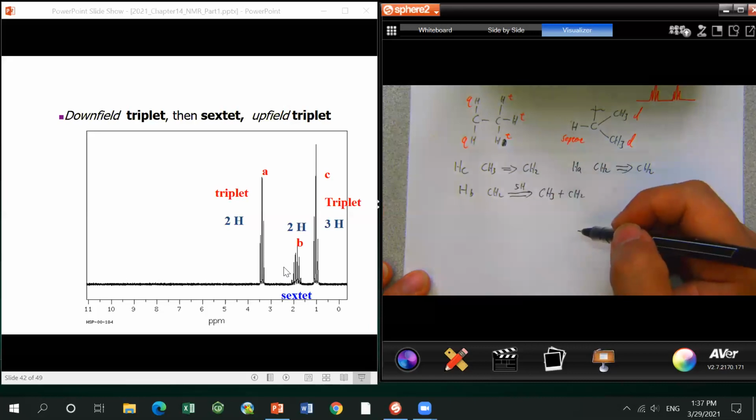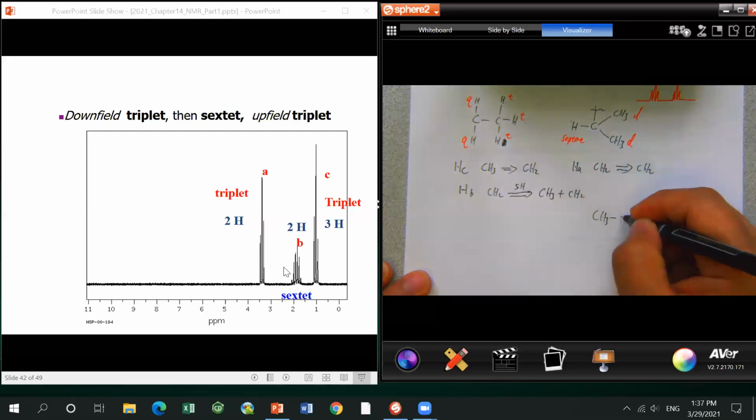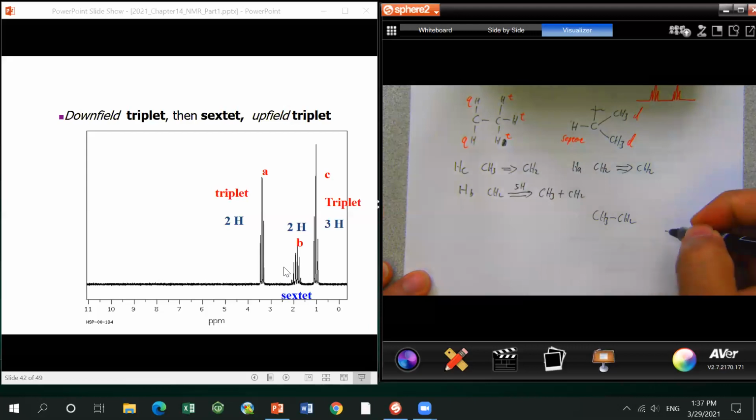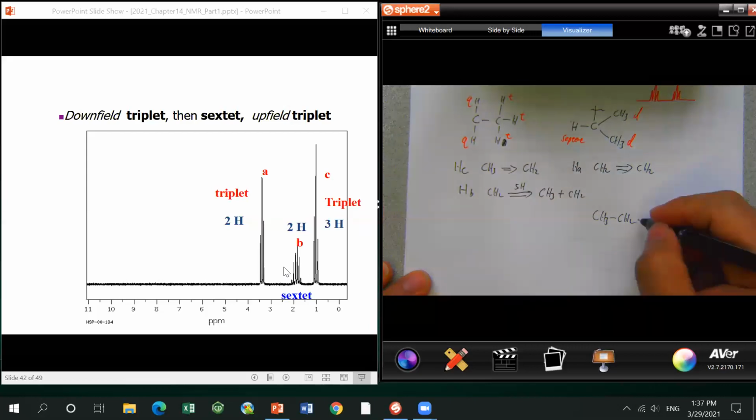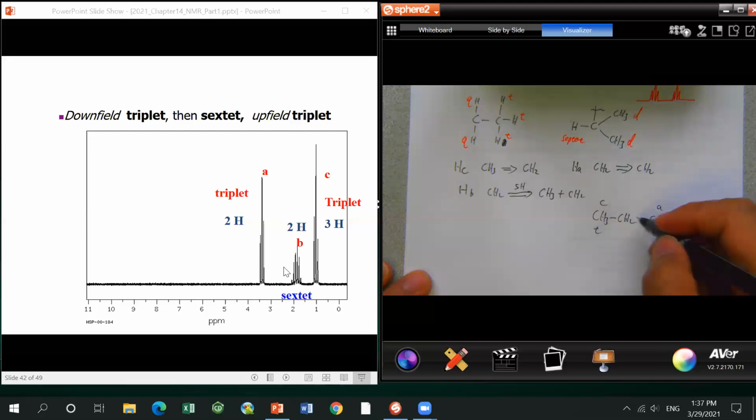Now we can piece them together. HC, the CH3, has a neighboring CH2, and HA also has CH2 as neighboring hydrogens, so that's C and that's A, no problem, both triplets.